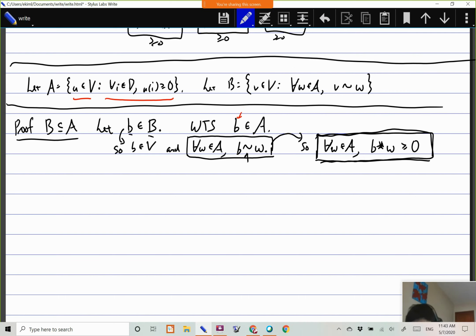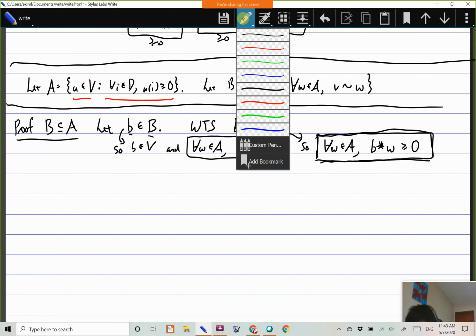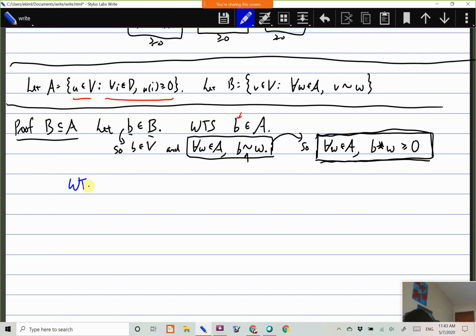So what we want to show is that B belongs to V. That's the first underlined red part. And we also want to show, for all I in D, oh yeah, this is a placeholder U. So for all I in D, B of I is greater than or equal to 0. That's what we want to show.